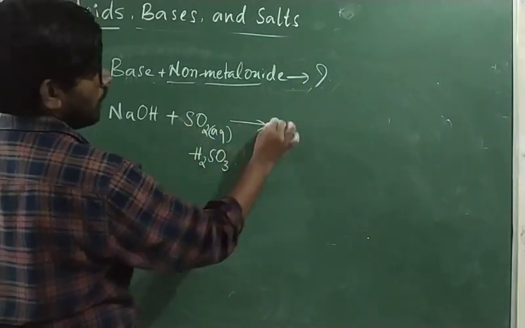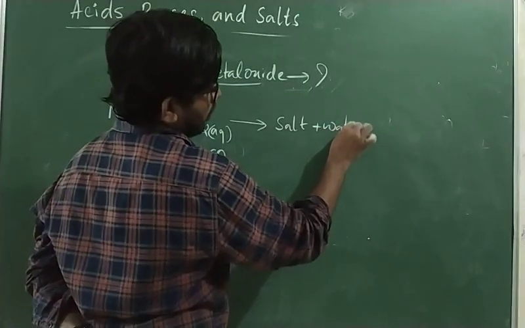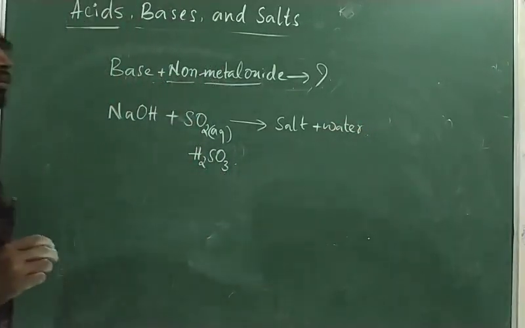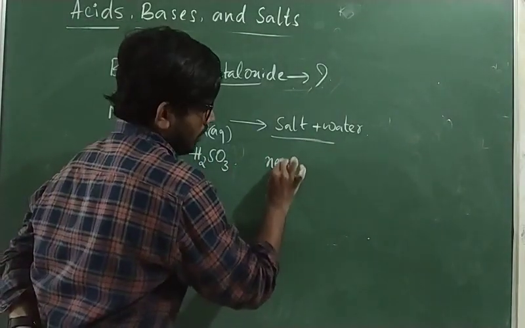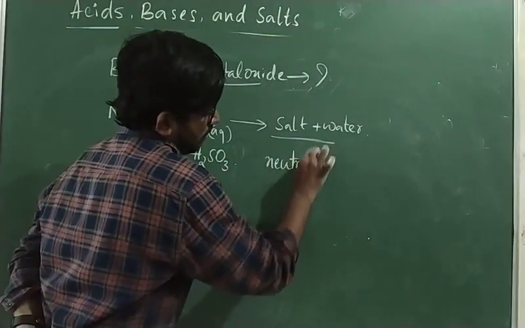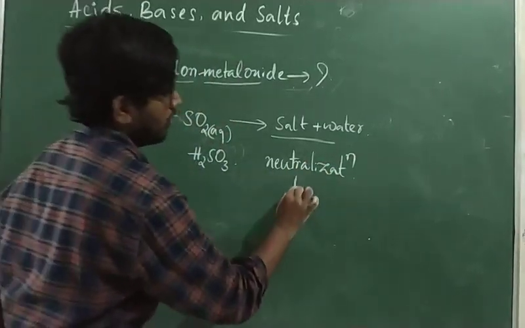So if we take this, what will you get? Again you will get a salt and you will get water. Salt plus water. If we got salt plus water, this is nothing but a neutralization reaction.